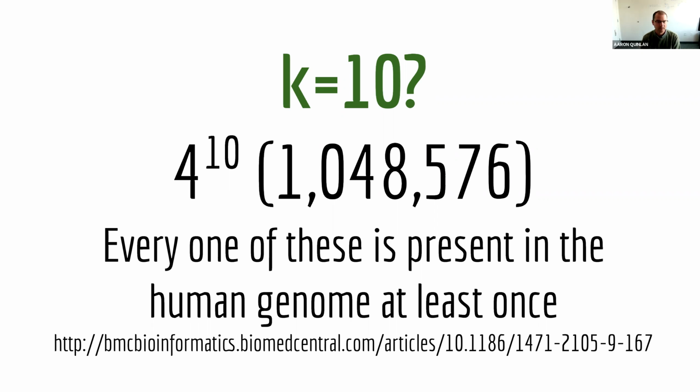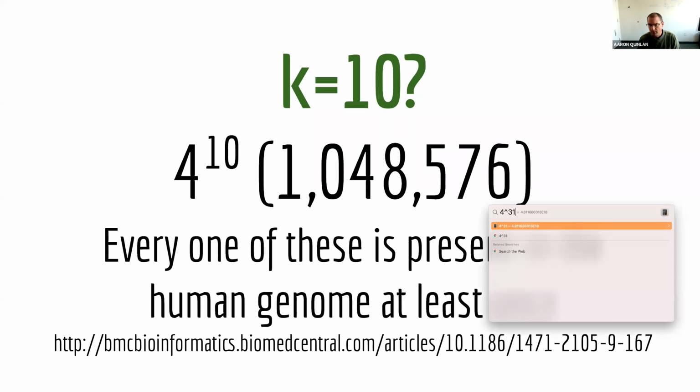Every one of those exists at least once in the human genome. But when k gets large enough, let's do k equal 31, that is a stinking huge number. It's like 4 to the 31st, about 4 times 10 to the 18th. That's way bigger than the human genome. So only a subset of the possible 31-mers exist in the human genome.